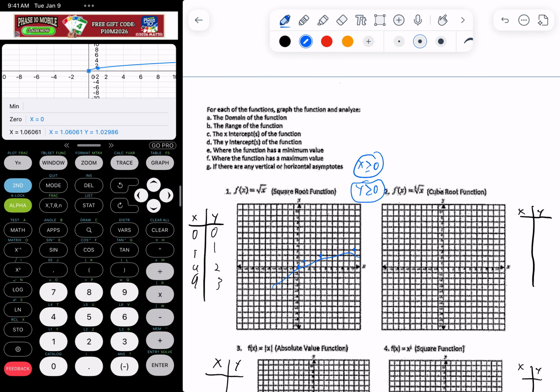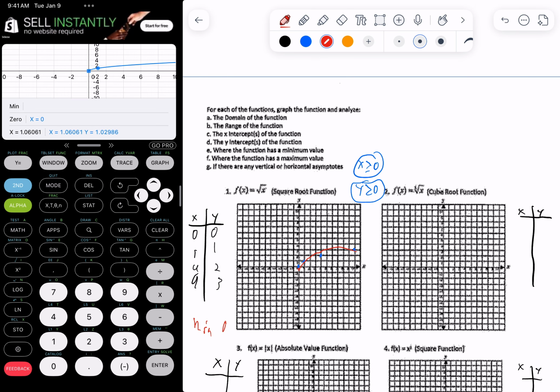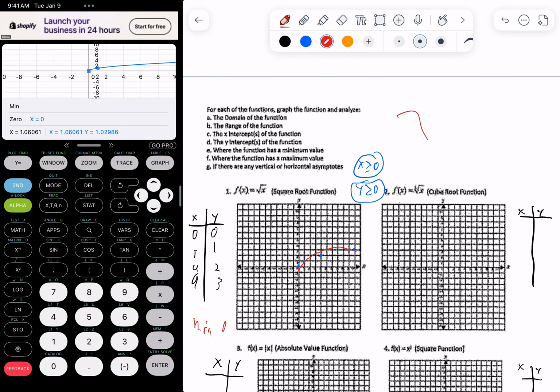By the way, I should not have put that line all the way down there, because it starts at 0. It can't go beforehand. So the minimum is 0, but there is no maximum. It just keeps going up. You just have to know that if it's not something that curves down, it's just going to always go up.